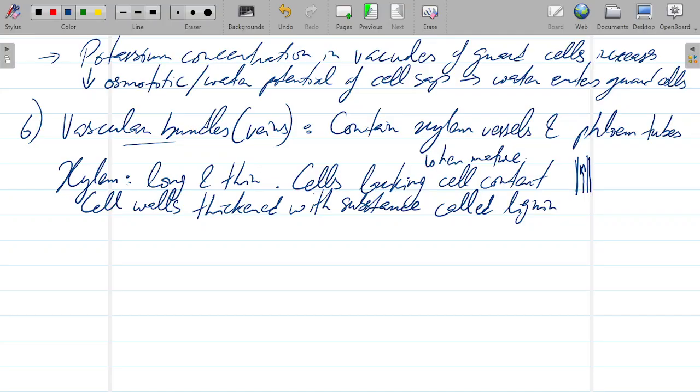And so they carry water and salts from the roots all the way up to the leaves.